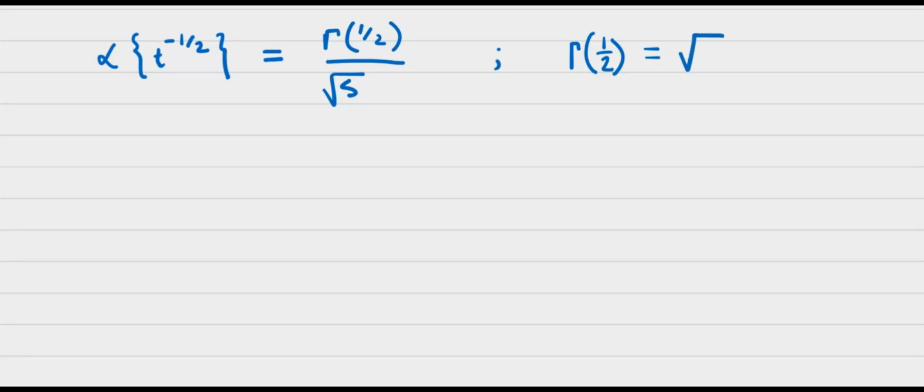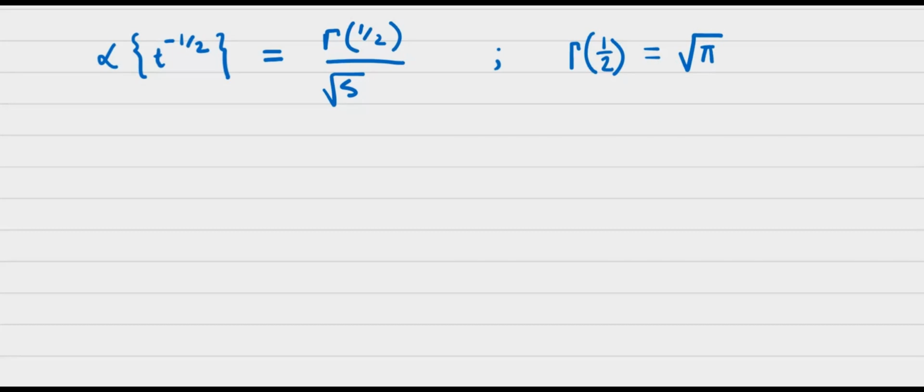So in our case, we would find that it is going to be gamma of half divided by square root of s. Now, something that I won't prove here is that gamma of half integers have very interesting values. For example, gamma of half is square root of pi.